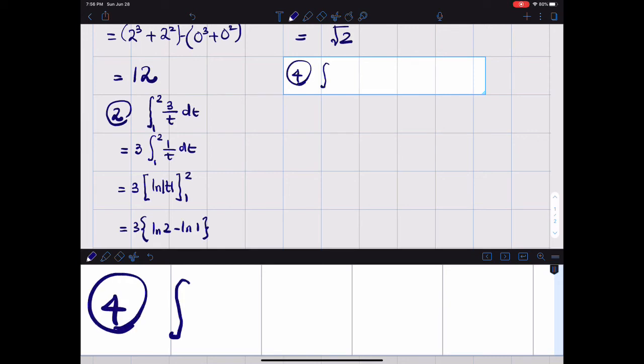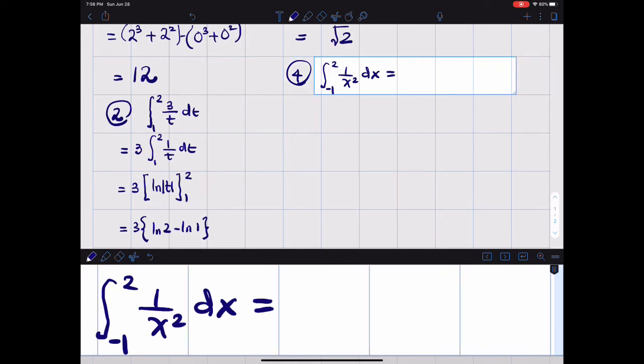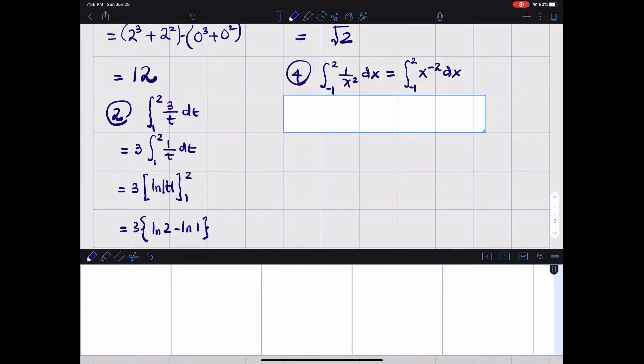This is the integral from negative 1 to 2 of 1 over x squared dx. So this is the integral from negative 1 to 2 of x to the power of negative 2 dx.